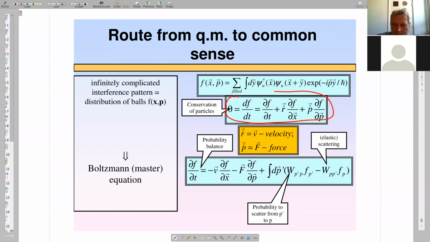This equation. No, not really. Okay. I'm sorry. I'm pretty bad. Continuity. Well, in fact, it's the continuity equation, but in 6-dimensional space. Usually, one writes the continuity equation in 3 dimensions. We'll come to this.